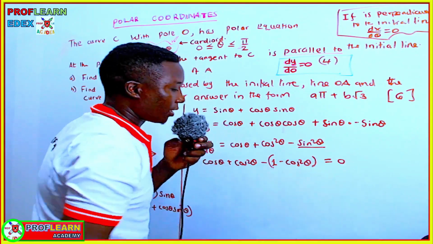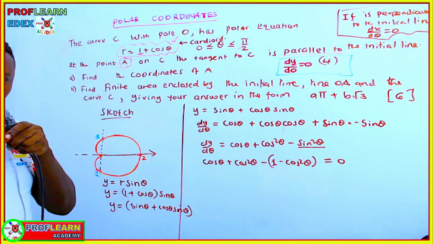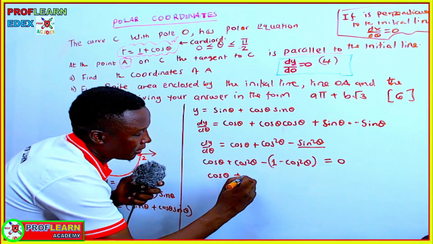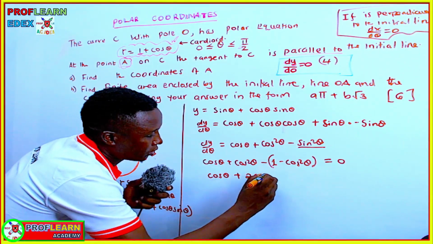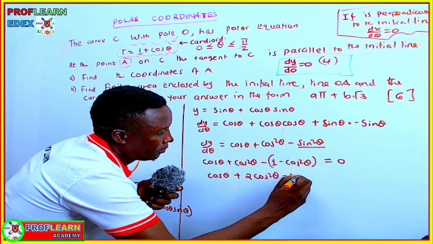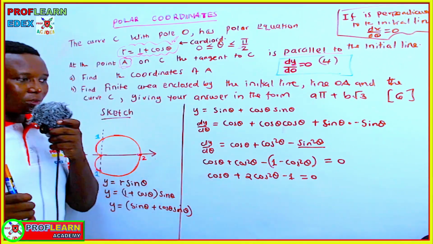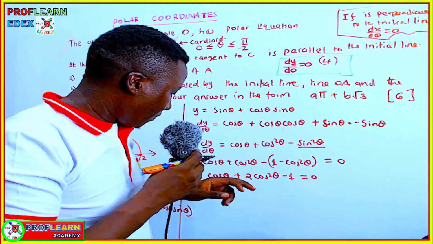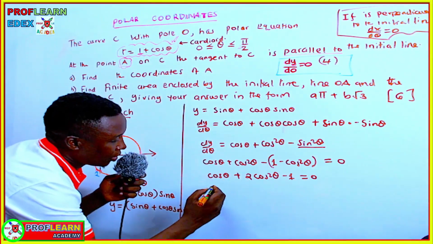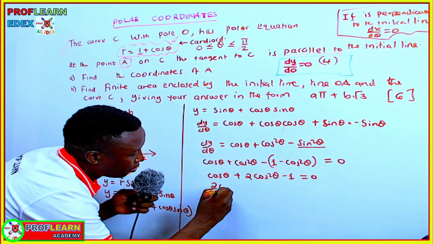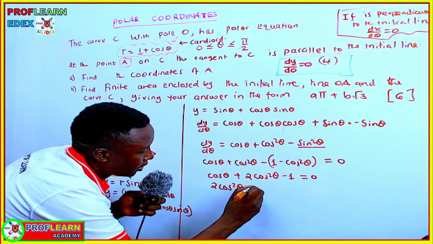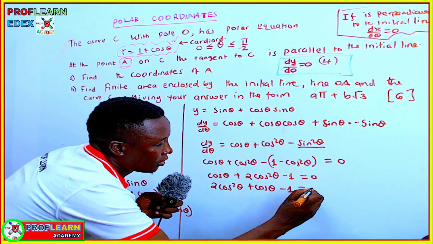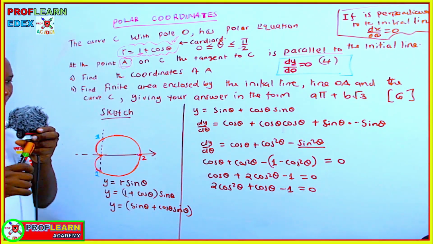This gives cos theta plus 2 cos squared theta minus 1 equals 0. This is a quadratic: 2 cos squared theta plus cos theta minus 1 equals 0.